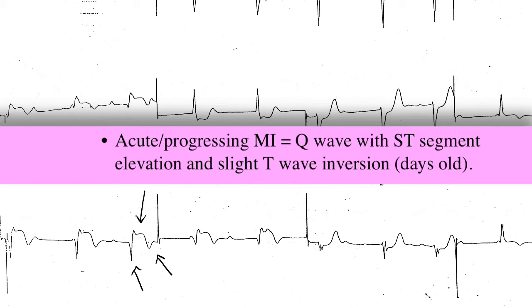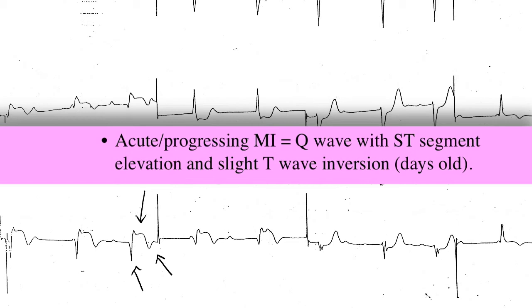It's really grown a lot larger, but it's still there, and that's where one of those arrows is. Then you still have ST segment elevation, and that has actually come down a little bit, but it's still elevated, and the T wave is starting to invert. So you should be able to follow those 3 arrows and see the Q wave, ST segment elevation, and T wave inverting. This means this is a person where it would be days old, acute progressing.